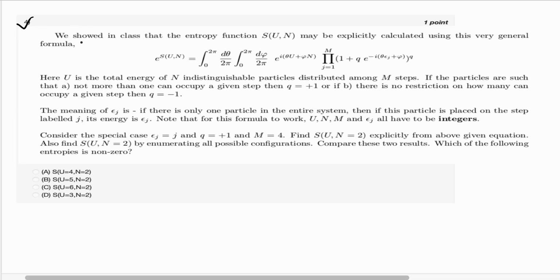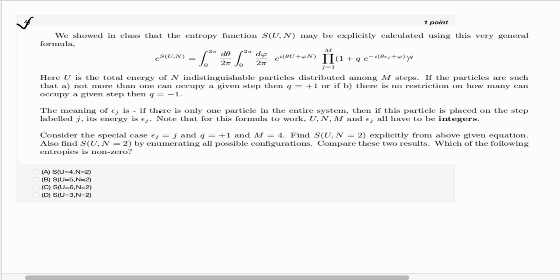What is asked: we showed in the class that the entropy function S(U, N) may be explicitly calculated using this general formula, e to the power S(U, N), where U is the total energy of N indistinguishable particles distributed among M steps. As in the previous class, we are working with these staircase problems. If (a) the particles are such that not more than one can occupy a given step, then q is +1, or if (b) there is no restriction on how many can occupy a given step, then q is equal to -1.